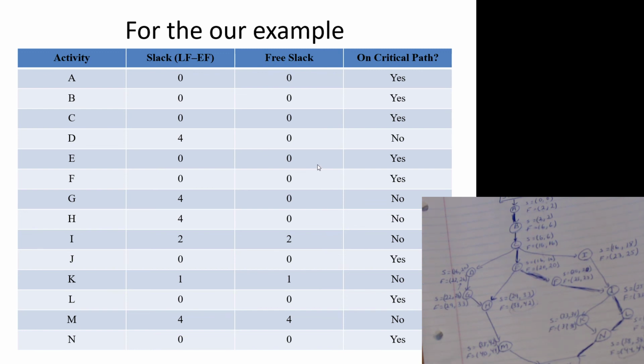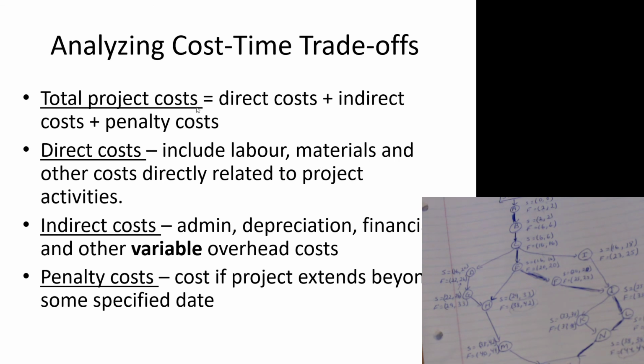Now, next step is to analyze the costs and start to think about the overall topic of what we call crash costing or minimum cost schedules. Those are important because remember, at the beginning, we wanted to make sure our project took less than 47 weeks so that we avoided the $300,000 penalty.